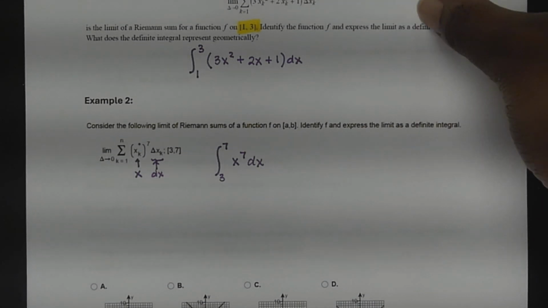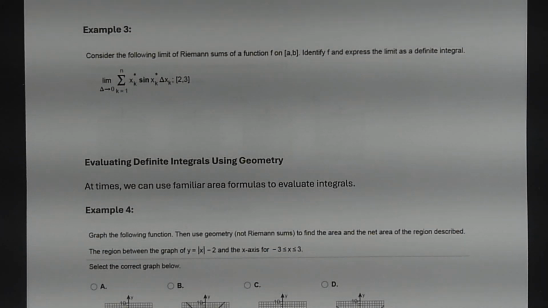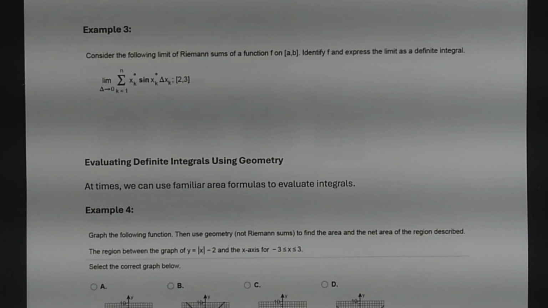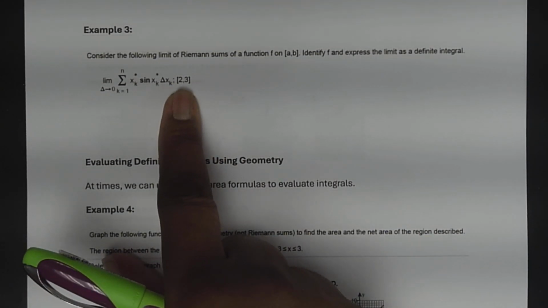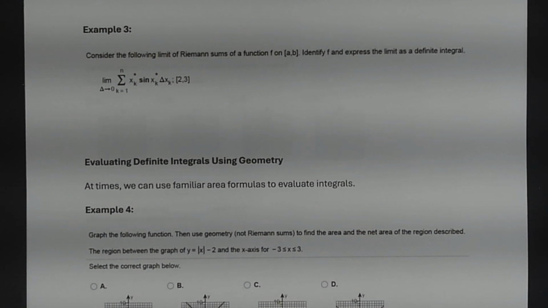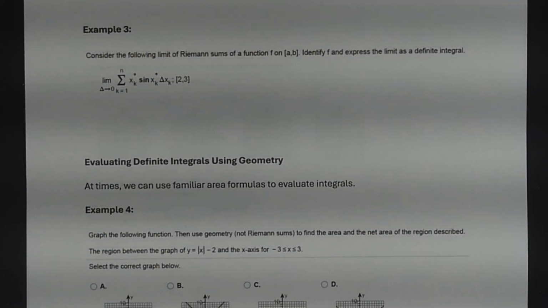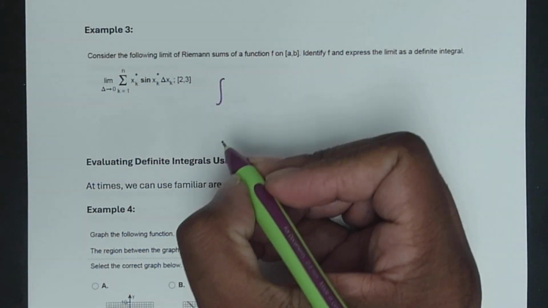Okay. All right, and here's one more of these. We've got the limit as delta approaches 0 of the summation for k equaling from 1 to n of x star sub k, sine of x star sub k, delta x sub k. And the interval is going to be from 2 to 3. We want to identify the function and express this limit as a definite integral.